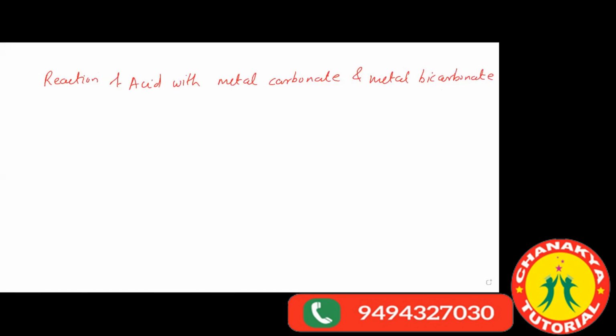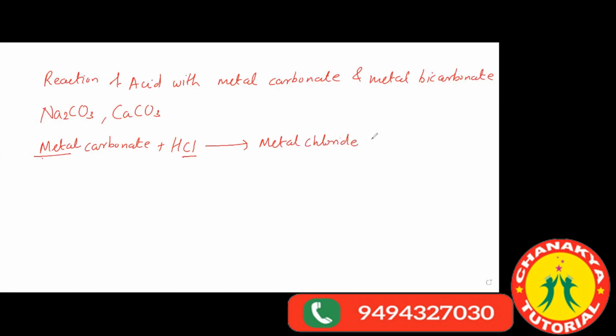Fine. Now metal carbonates examples are many. Na2CO3, then CaCO3, calcium carbonate, right? Many are there. So what happens generally when metal carbonate reacts with acid? That acid could be anything, HCl or H2SO4. Any anion would be there, chloride or sulfate or nitrate. So whenever it reacts, you will get metal chloride. Obviously, this metal will go with the anion.